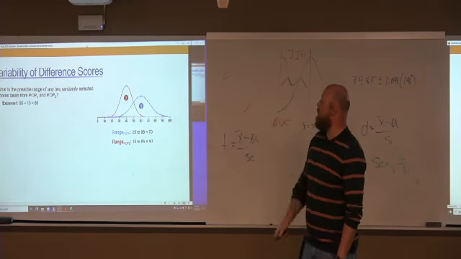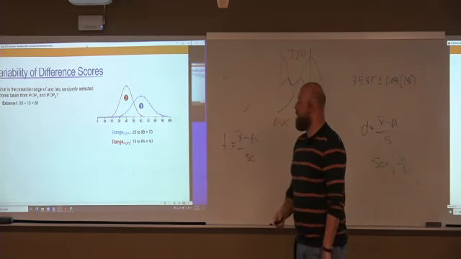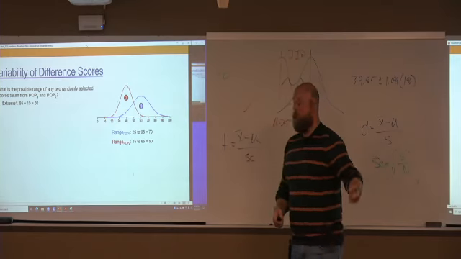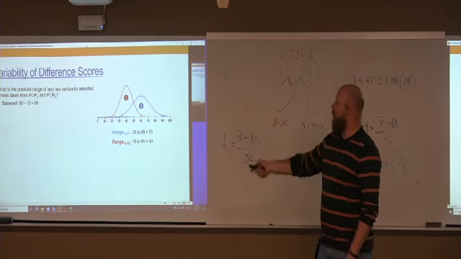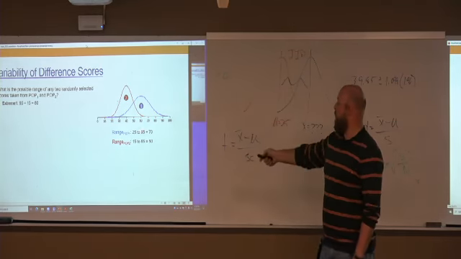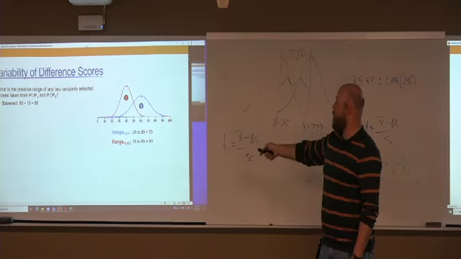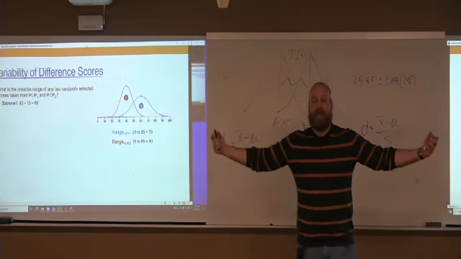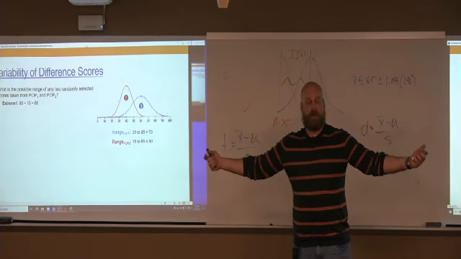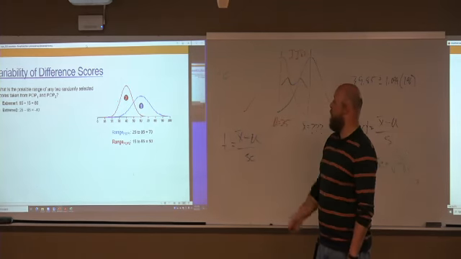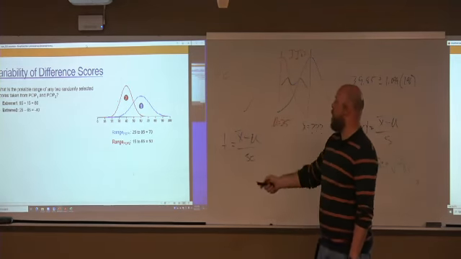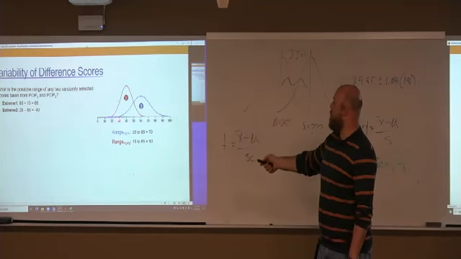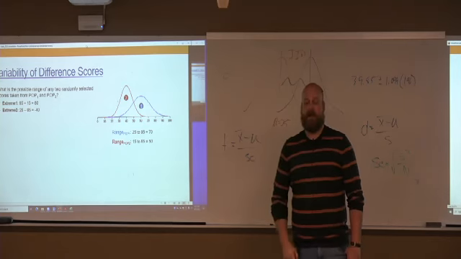So if I am trying to think about what's the possible range of any 2 randomly selected scores from these 2 populations, on one extreme, I could get the highest score on population 1 and the lowest score on population 2, which gives me a difference of 80 in terms of these samples, right? But on the other extreme, I could pull the lowest score from population 1 and the highest score from population 2 and get a difference of negative 40.